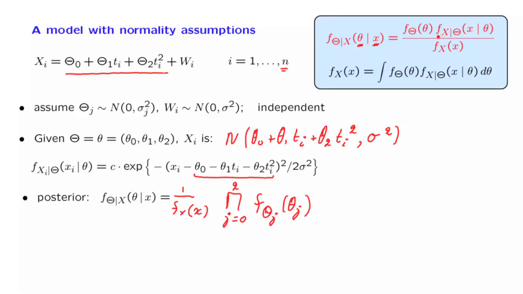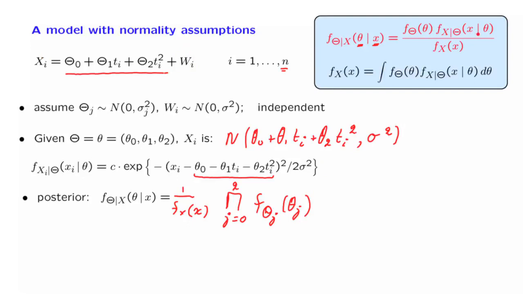And then we have here the joint PDF of x conditioned on theta. Now, with the same argument as in our previous discussion of the case of multiple observations, once I tell you the values of theta, then the xi's are just functions of the noises. The noises are independent, so the xi's are also independent.